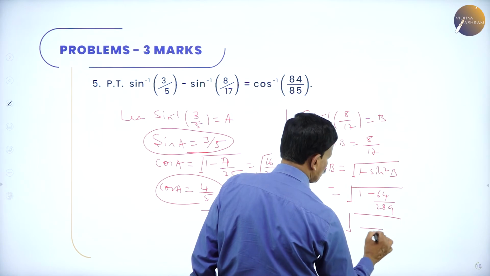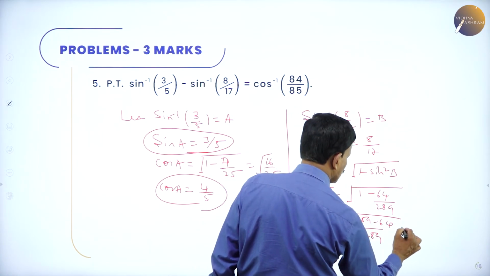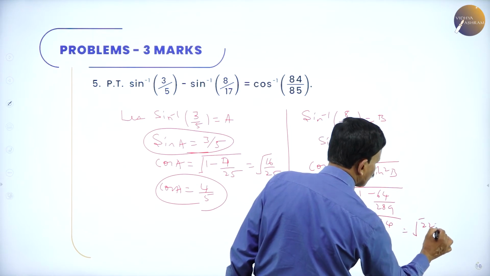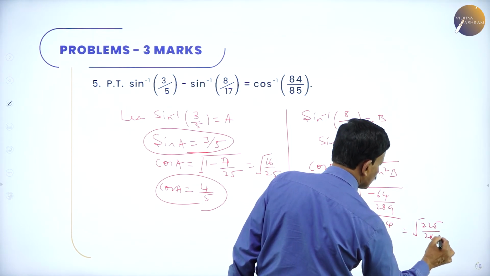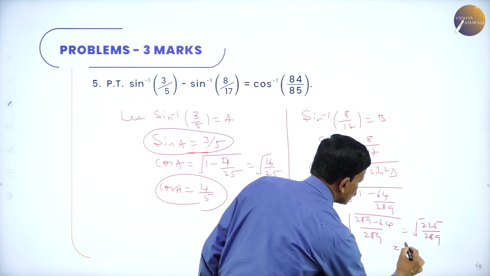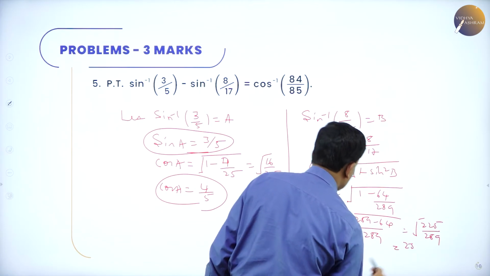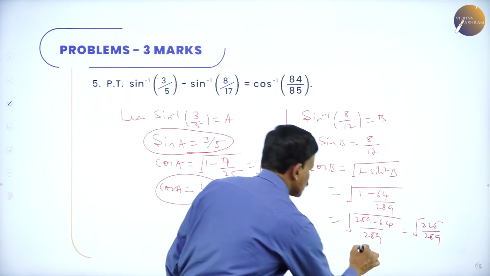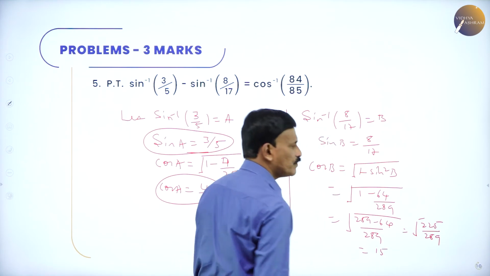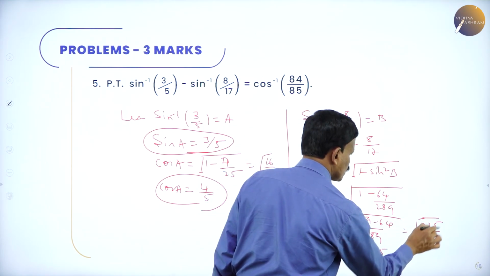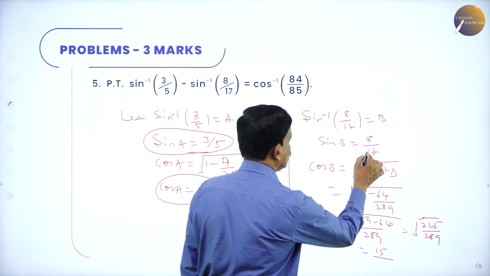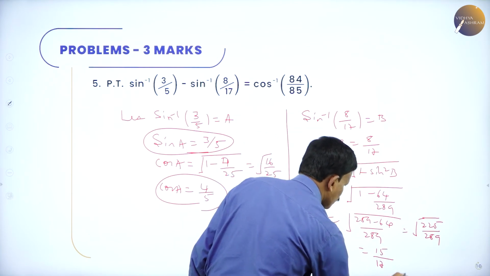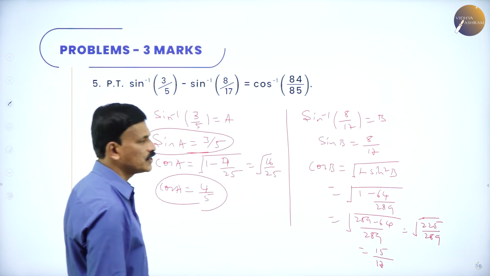Take the LCM, 289. 289 minus 64 is equal to 225 divided by 289. This is equal to the square root of 225, which is 15, divided by the square root of 289, which is 17. So 15 by 17.